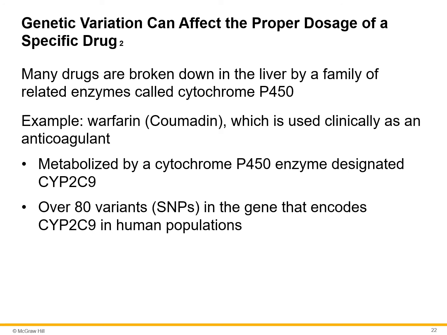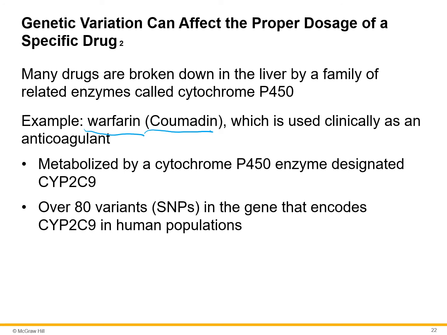And this is just an example. There's a drug called Coumadin, which is warfarin, which is what's called a blood thinner. And it actually is used for people that sometimes have high rates of blood clots.